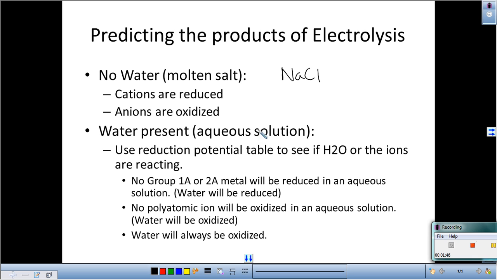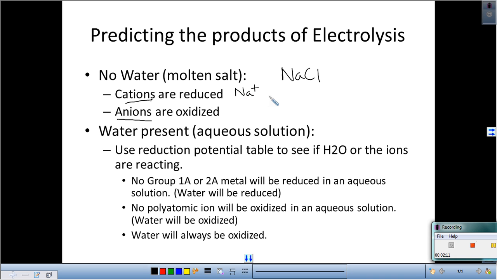In that case, the cation is being reduced and the anion is the one being oxidized. So in this case, the sodium ion, because sodium is an ion when it is in sodium chloride, is going to be reduced.